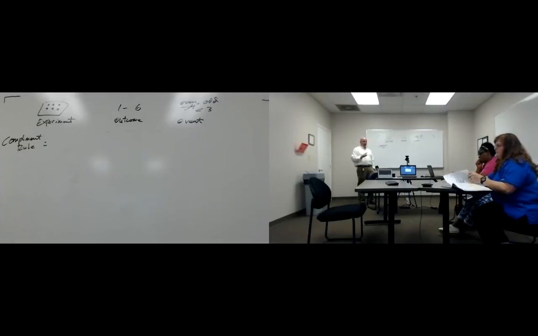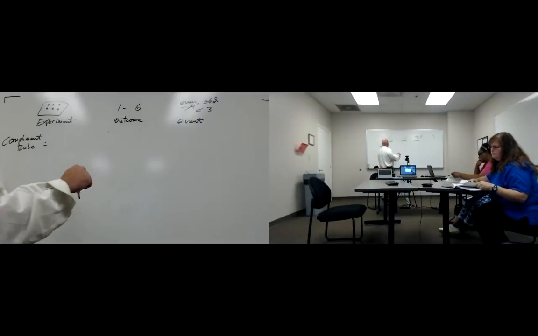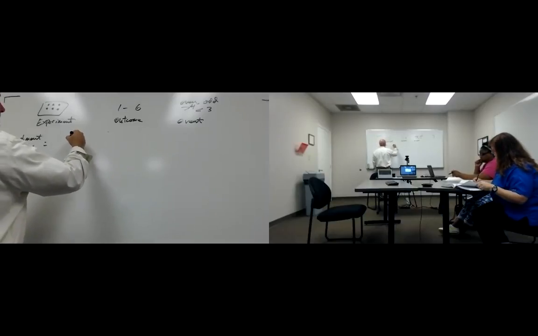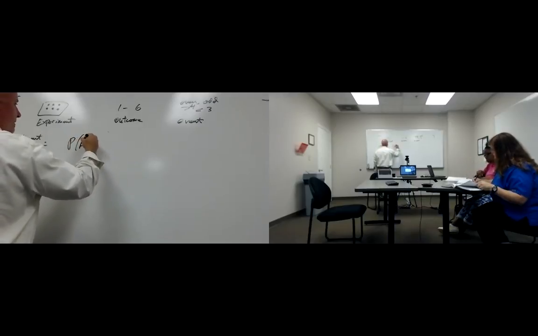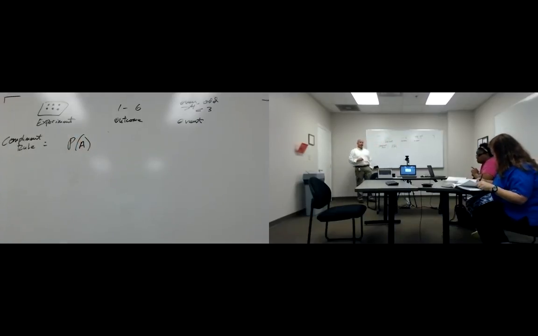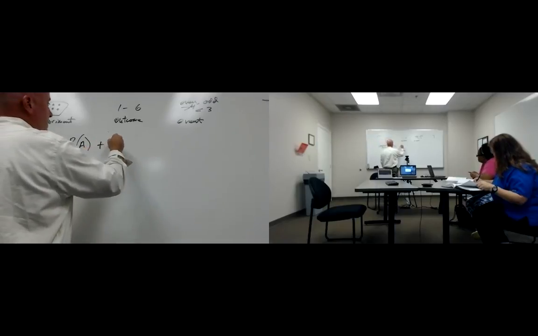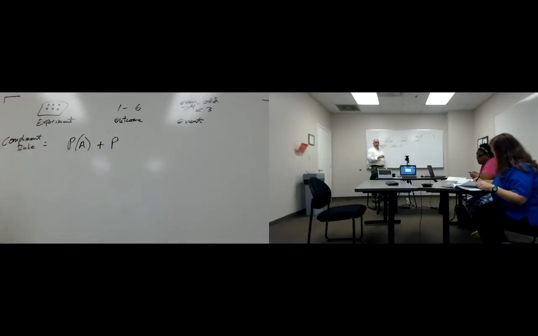So what we want to say is that it's built on this premise: the probability of event A occurring would be equal to 1 minus the probability of the event not occurring.